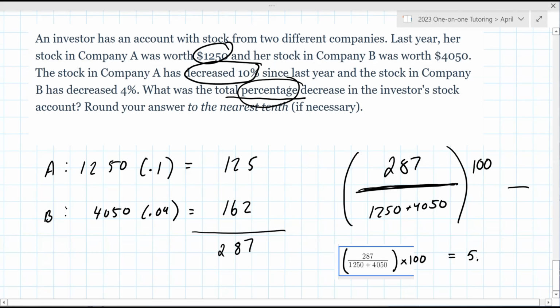You'll see that it's 5.4 rounded to the nearest tenth if you do that. 5.4. Okay, yeah, 5.4. Okay, awesome.